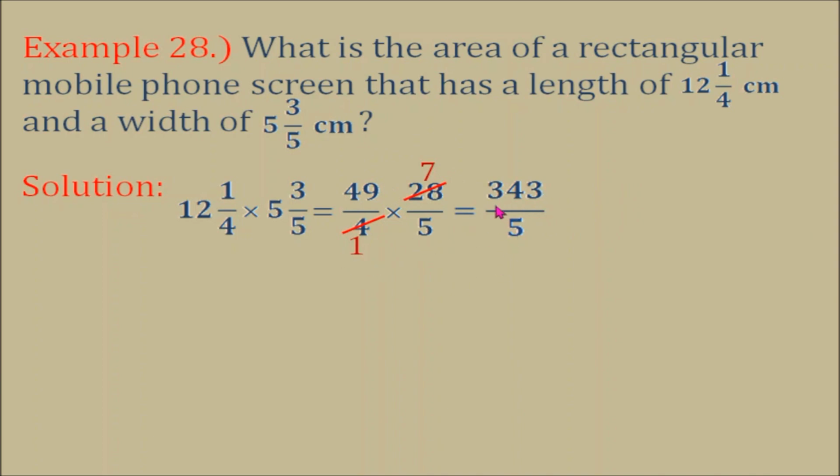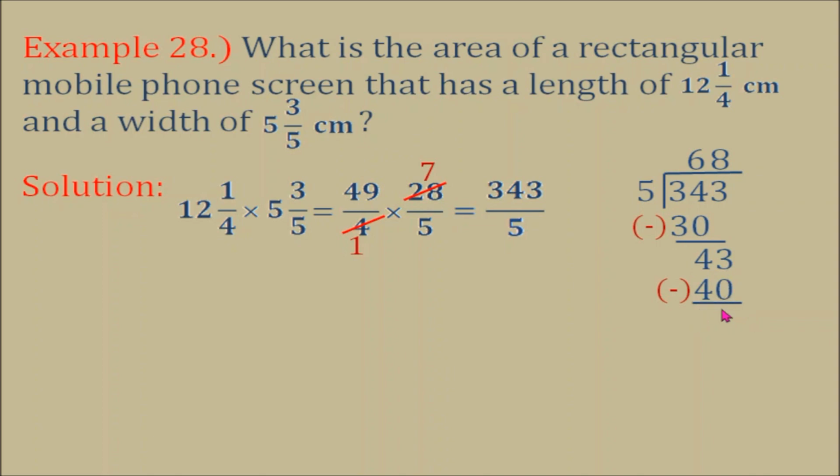So that means we have 343 divided by 5. By long division, 34 divided by 5 is 6. 6 times 5 is 30. Then 34 minus 30 is 4. Then bring down the next digit 3. 43 divided by 5 is 8. 8 times 5 is 40.